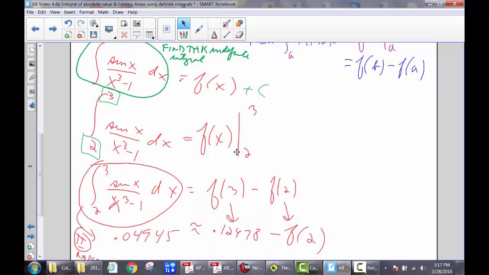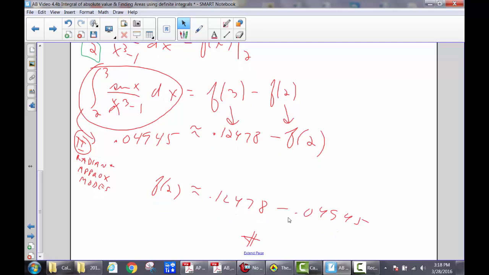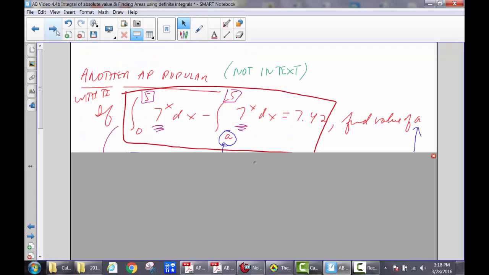Well, that means that on the right side, that's going to be f of 3 minus f of 2. F of 3, they told us, was 0.12478. F of 2, they're asking us what it is. And of course, on the left, I have a definite integral that I have a calculator, and I can evaluate that definite integral. And therefore, f of 2 is 0.12478 minus that, which is whatever number that is.